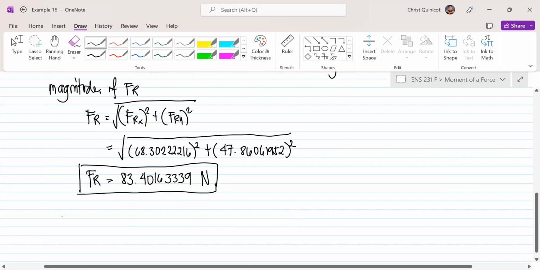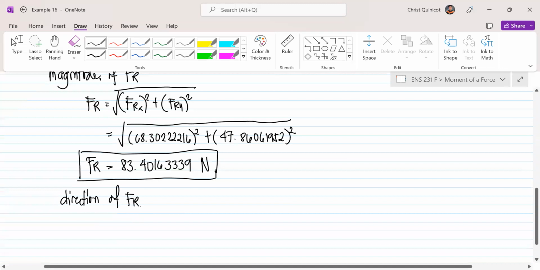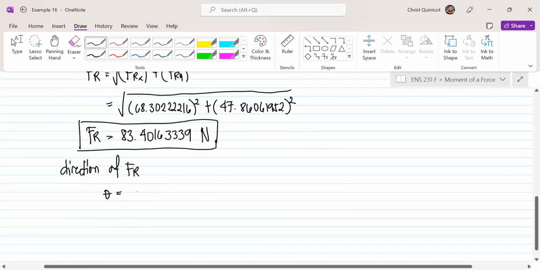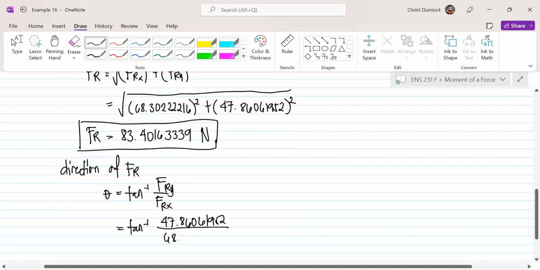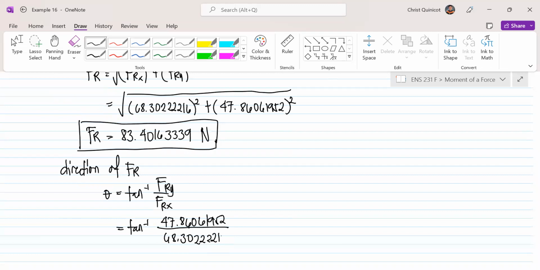And the direction of F sub R: theta is equal to tangent inverse of F sub Ry over F sub Rx, which is equal to inverse tangent of 47.8606195 divided by 68.30222216.